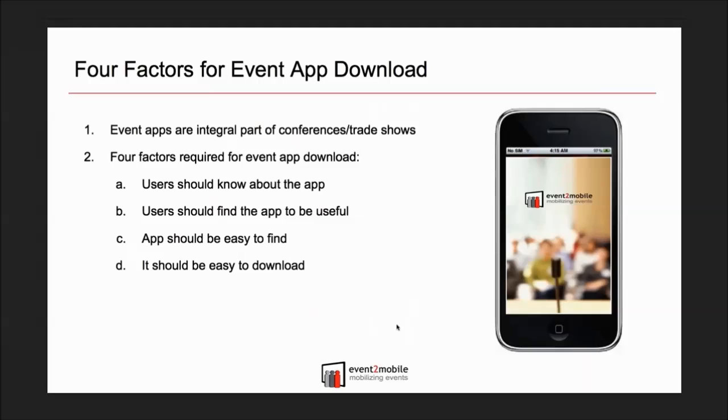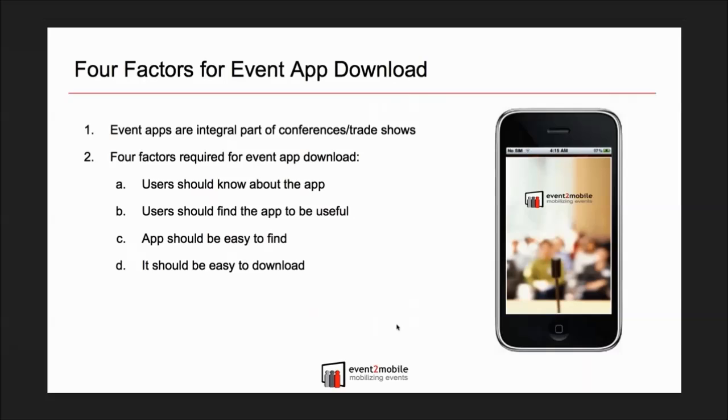Exactly. So what we're going to focus on today is that I know we've all been through the process of creating multiple event apps, and then we've all had statistics and analytics back from the event where we've had app download percentages anywhere from 30% to 60% to 70%. And we've also had events at Event Mobile that we have supported where we've seen over 90% app download rates.